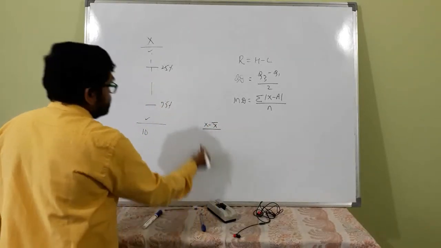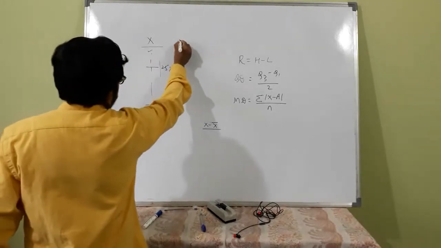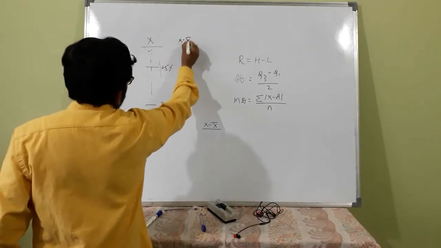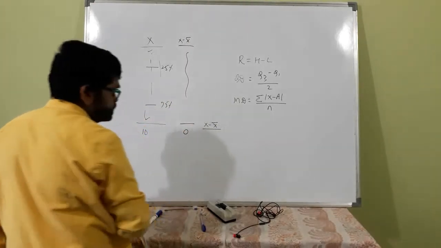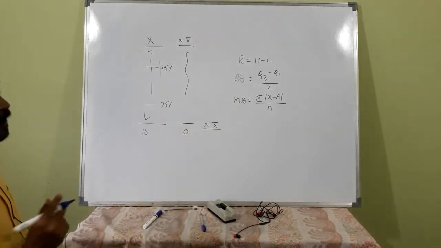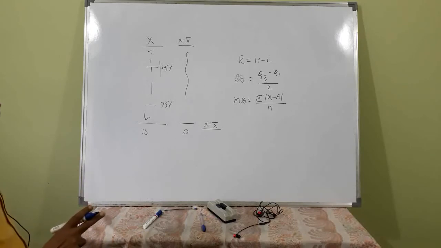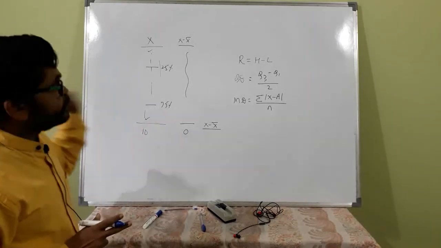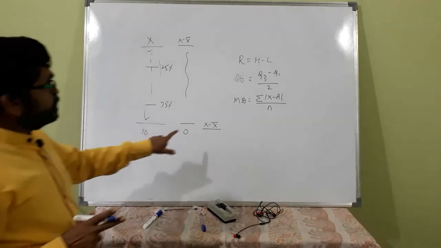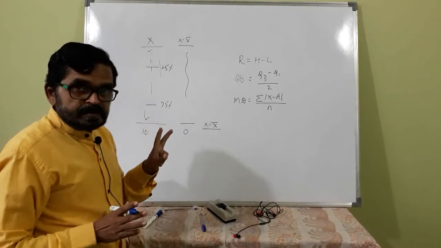Suppose you compute the arithmetic mean of this series and take the deviation x minus x bar and take the sum, that will always be 0. That is one of the important properties of arithmetic mean. The sum of the deviations of the observations from the arithmetic mean is always 0. So if you take it like this, your mean deviation will be 0.